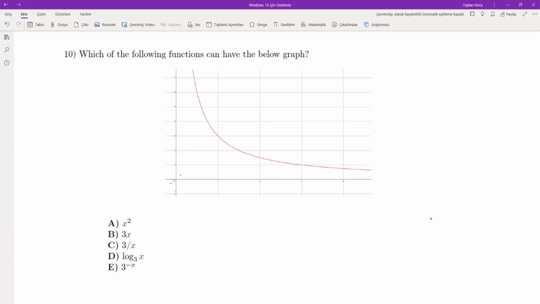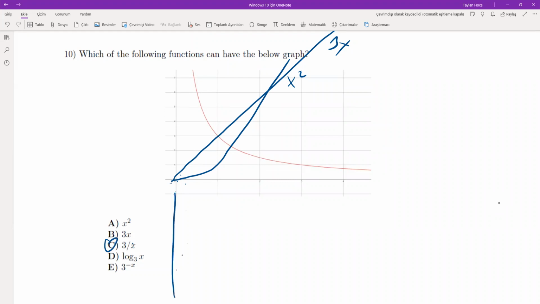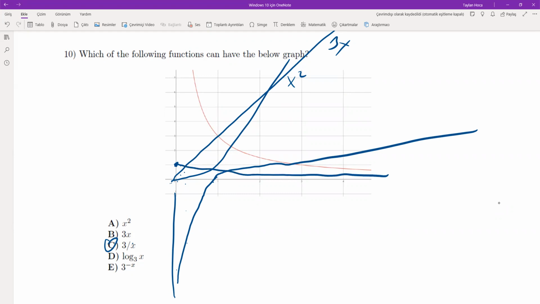This is a completely different function. 3x is a linear function like this. So 3 over x is the correct answer. Log base 3 of x is coming from negative infinity, and it is 1 at 3, and it goes like this. 3 to the power minus x is 1 when x is 0, because 3 to the power 0 is 1, and when x becomes greater, it decreases.